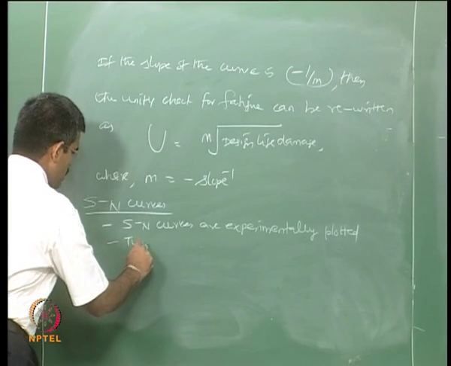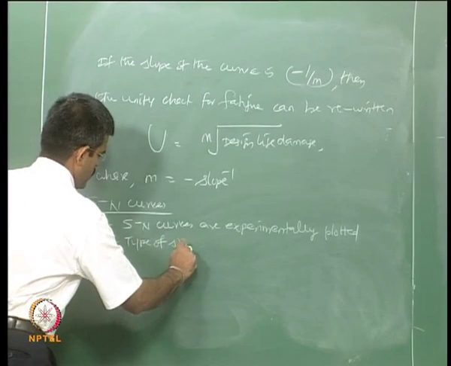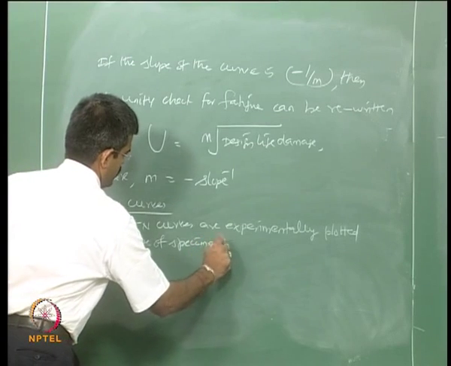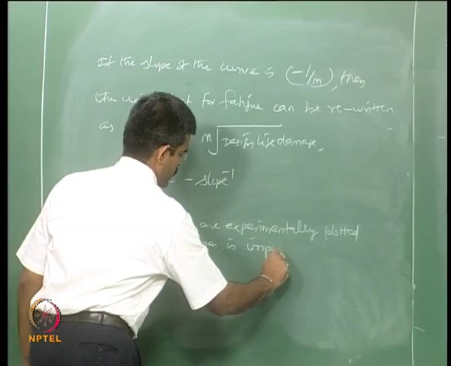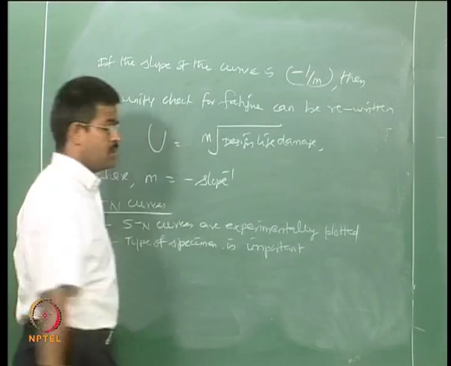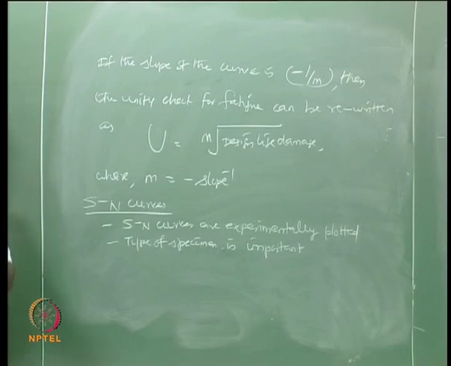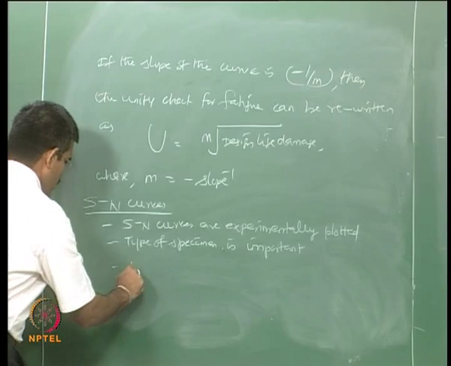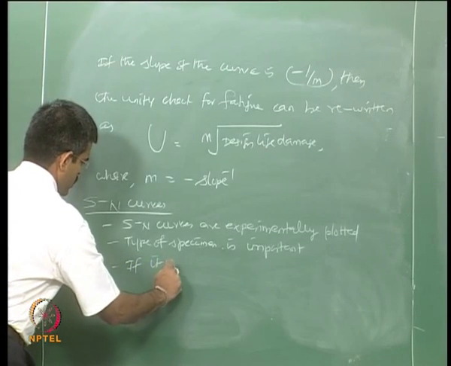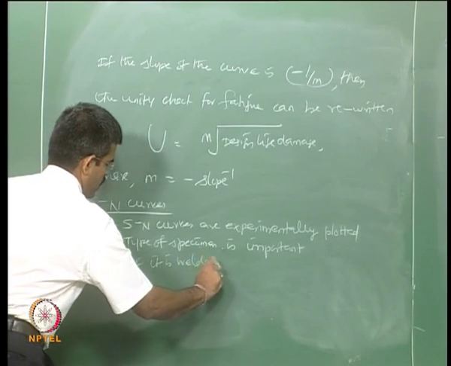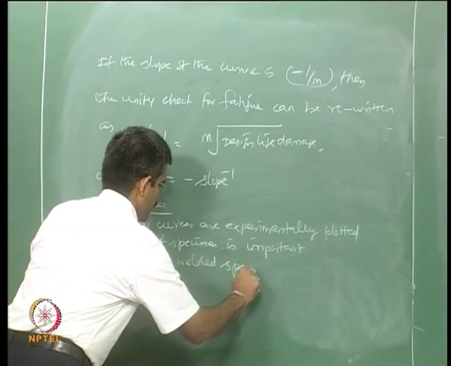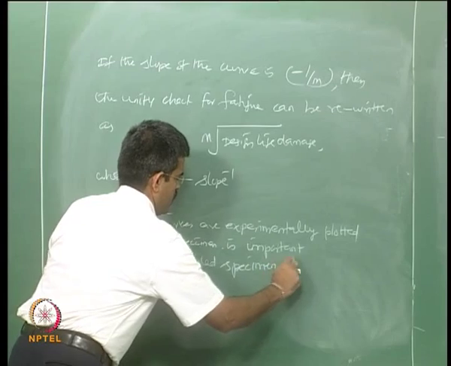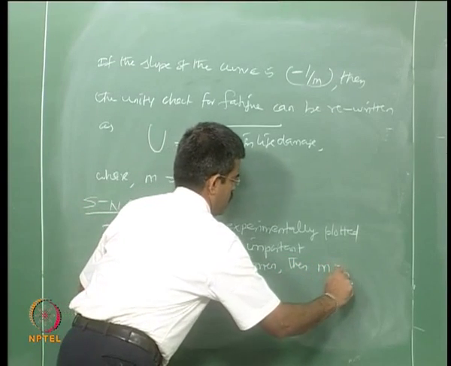The type of specimen which is used to plot is important, because this can also govern the slope of the SN curve. For example, if it is a welded structure, then m is 3.